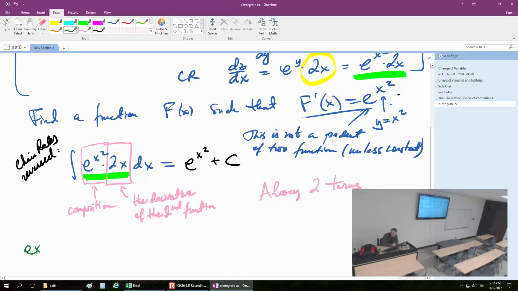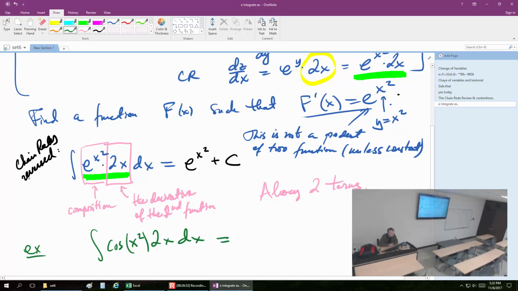Well, here's an example. So once again, how about I do sine x squared 2x dx? Now let me put cosine here, just keep it simple. So cosine x squared 2x dx. Can you guess the answer?